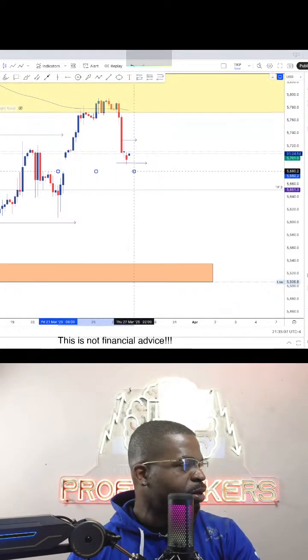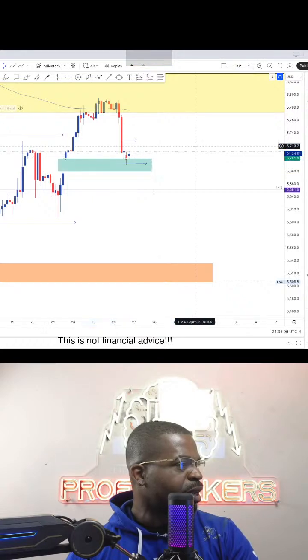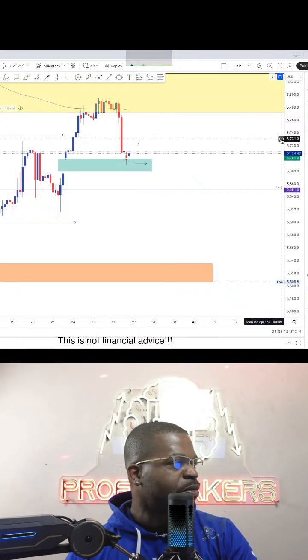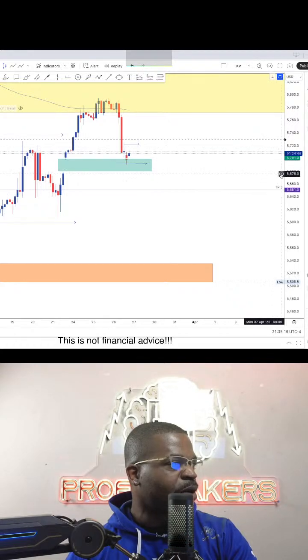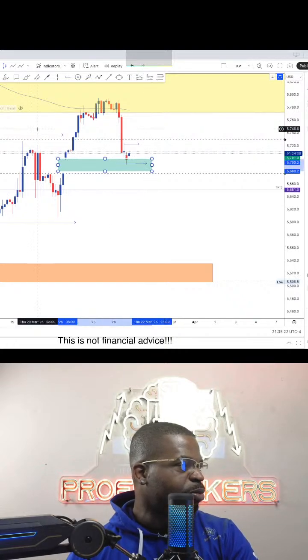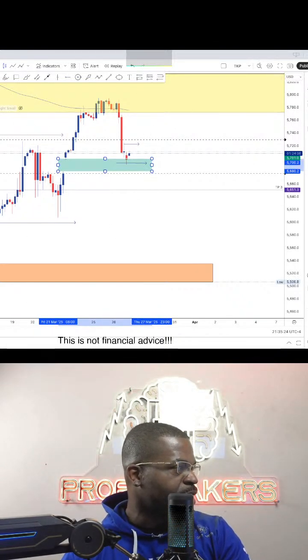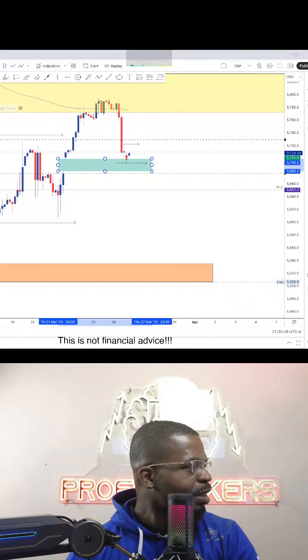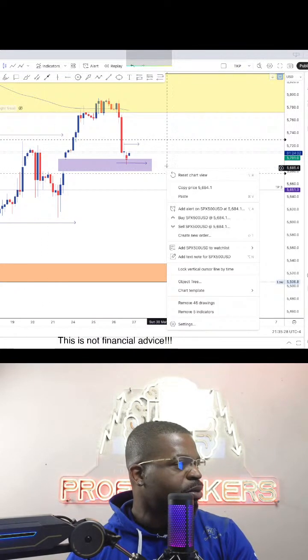This is the gap. What we're doing is the same thing that we did on the other charts. I'm going to set an alert above this area right here and also right beneath this gap, so I can identify what happens. And from there, I just use the break and retest method to enter in on this trade. Keep it simple.